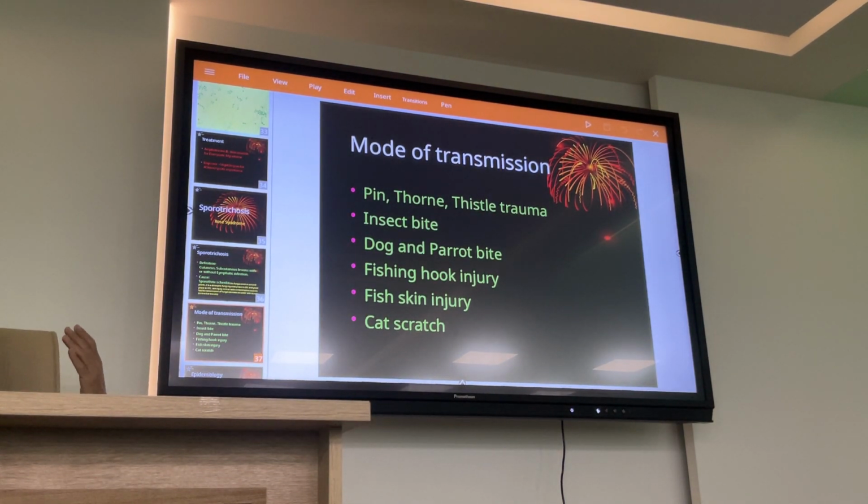Usually the worker, the farmer, works with flowers. Usually the microorganism exists in flowers and transfers from the wound to connective tissue.